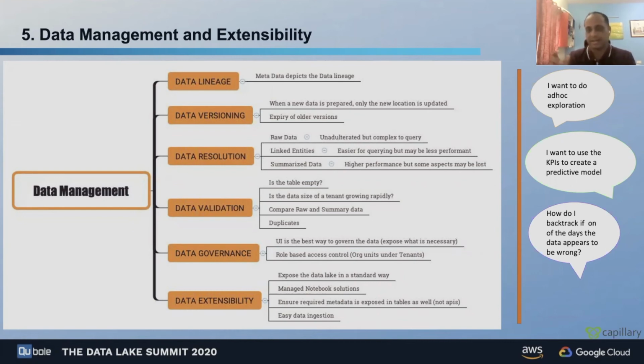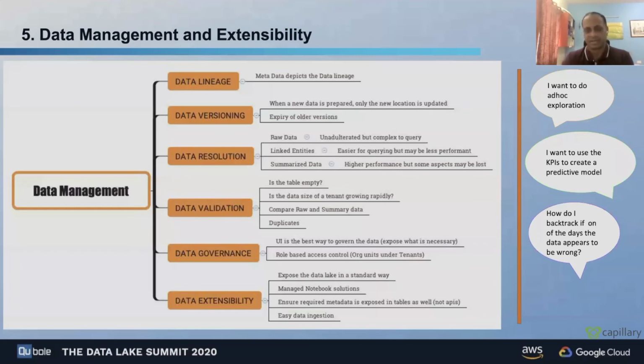That helps us keep data versioning, so that anytime we want, we could go back in time and reconstruct the data lake as it was 10 days back. And then obviously there is expiry of older versions for reducing cost and things like this.